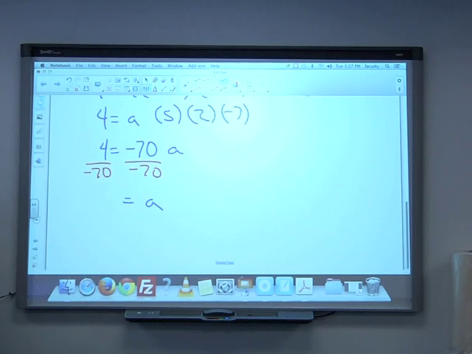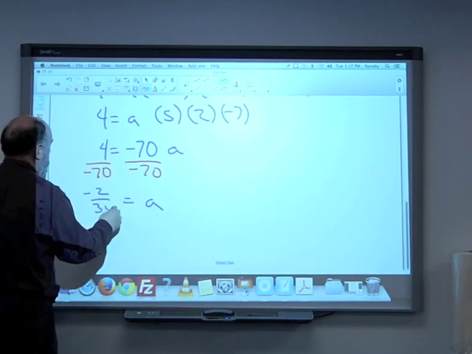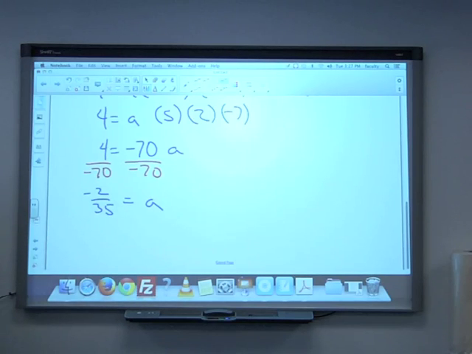It's not going to be a nice decimal, so we're going to leave it as a fraction. So we get negative 2/35. If it's not going to give you a nice decimal, we want to leave it in fractional form. If it came out to be a half, you could write it as 0.5, because that becomes a nice terminating decimal.